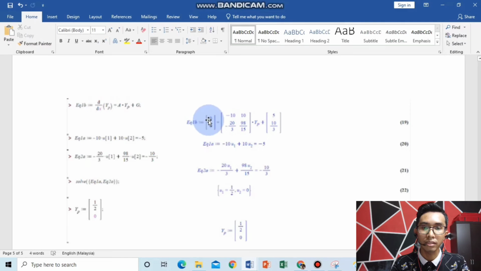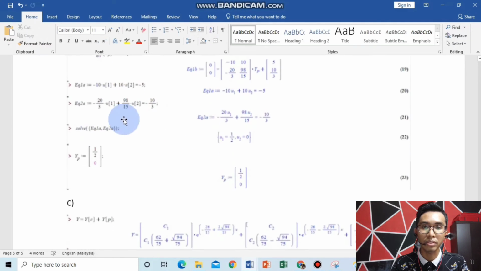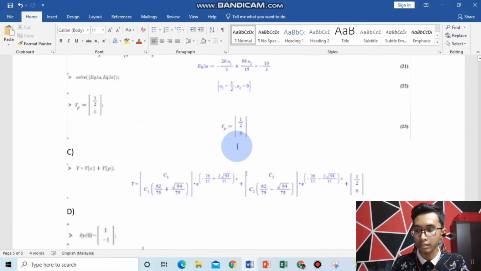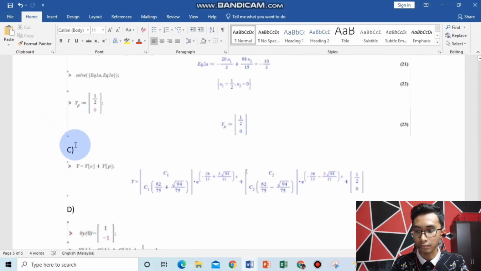So we get two equations, equation 1 and equation 2. Solve equation 1 and equation 2, and then you will get the answer for B here. So 0.5, 1 over 2, or for my manual solution, we put it as 0.5.